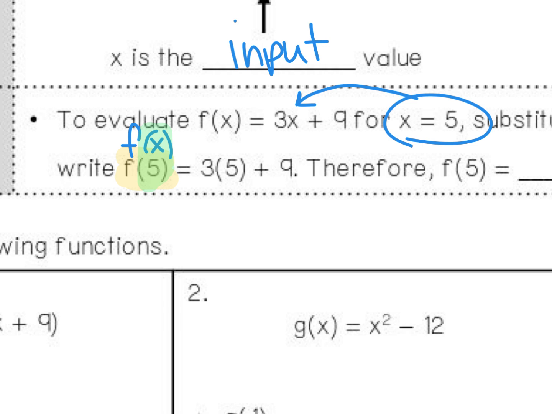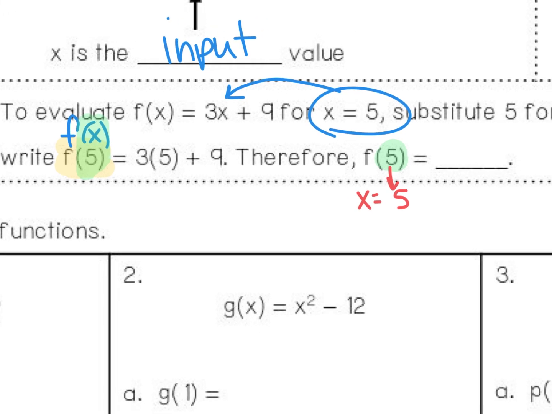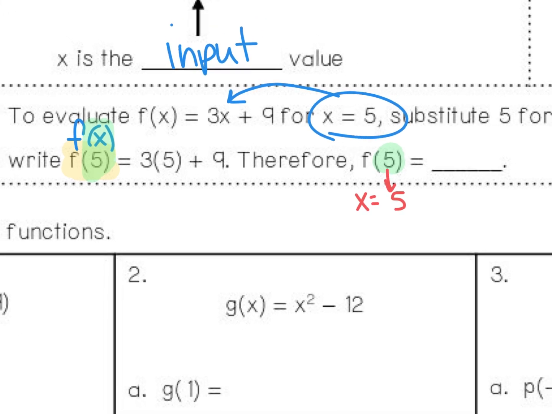In algebra, I'm going to write it f of 5, and you need to realize that this means x equals 5, okay? So when we plug that in, 3 times 5 is 15. 15 plus 9 is 24. So again, if I graphed 3x plus 9, then 5, 24 will be on my line.